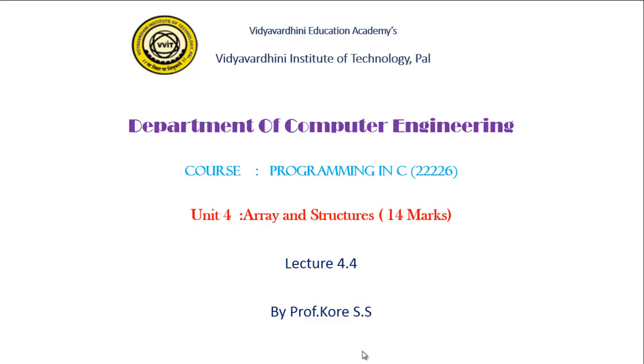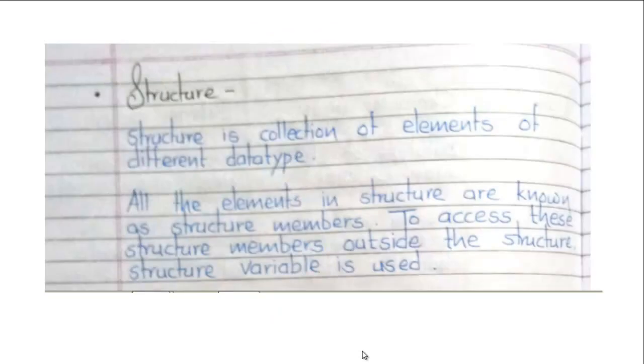Then today we will see the next concept, that is structures. So first we will see the definition of structure. Structure is a collection of elements of different data type.